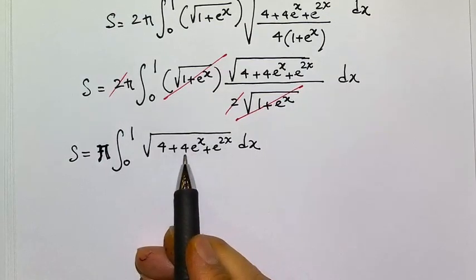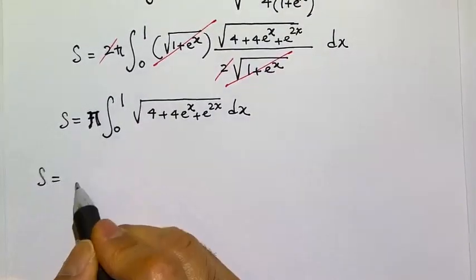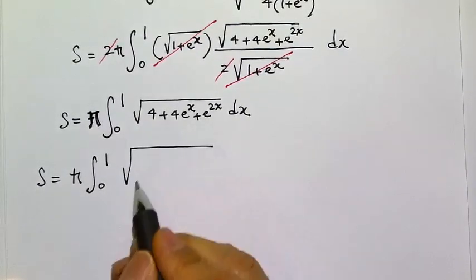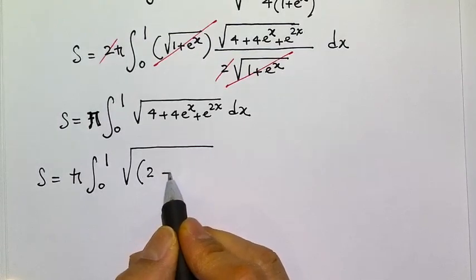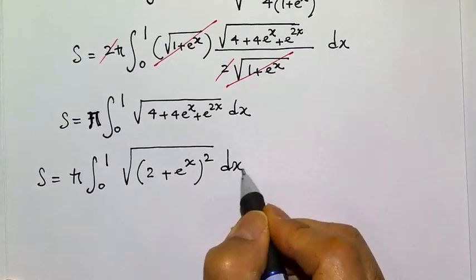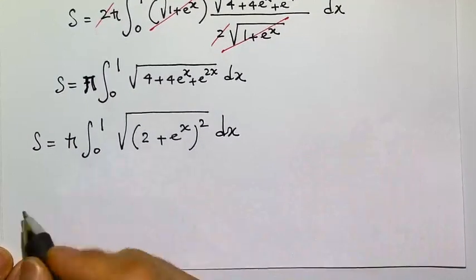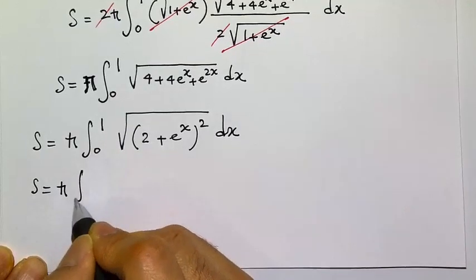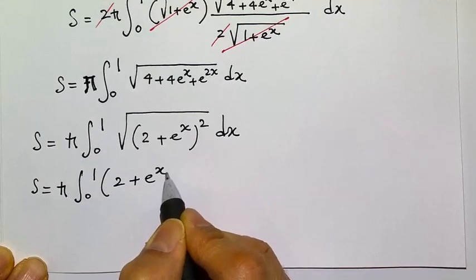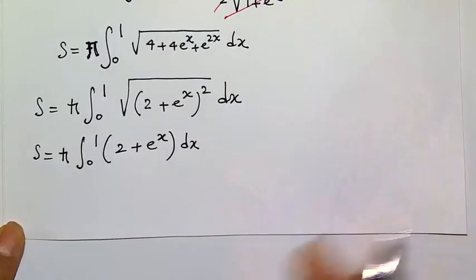Now this inside we can write in terms of a perfect square, fortunately. So pi from 0 to 1 of the square root of (2 plus e to the x) squared dx. Of course, this power and this square root cancel each other out, so we will end up with pi times the integral from 0 to 1 of 2 plus e to the x dx.